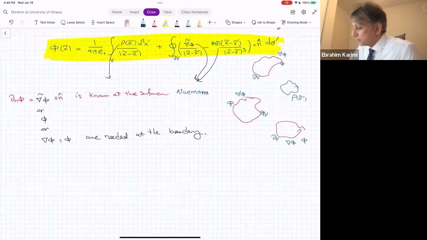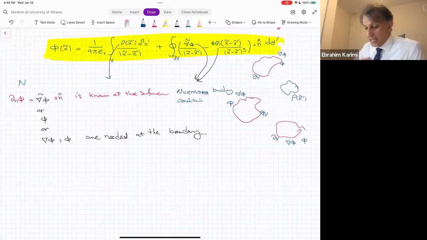Usually I will write it with a capital N in my expressions.